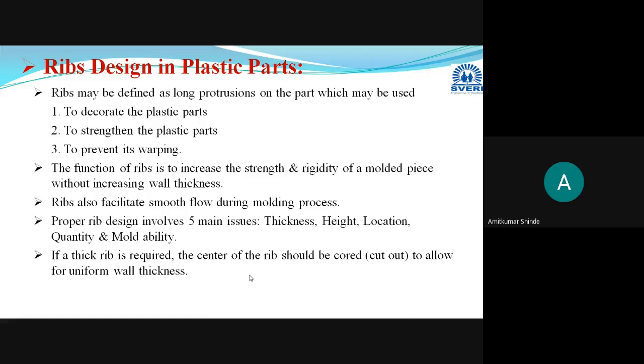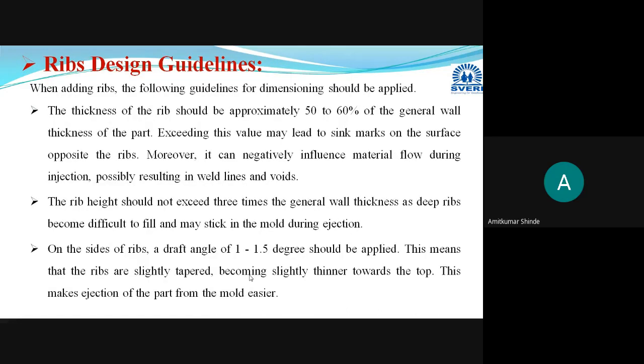Okay, then generally you can read clearly here, whichever rib thickness you are going to decide, it should be 50 to 60 percent, they have provided here. Sometimes you can go up to 70 or 80% also. Okay, 50 to 70% of the wall thickness.